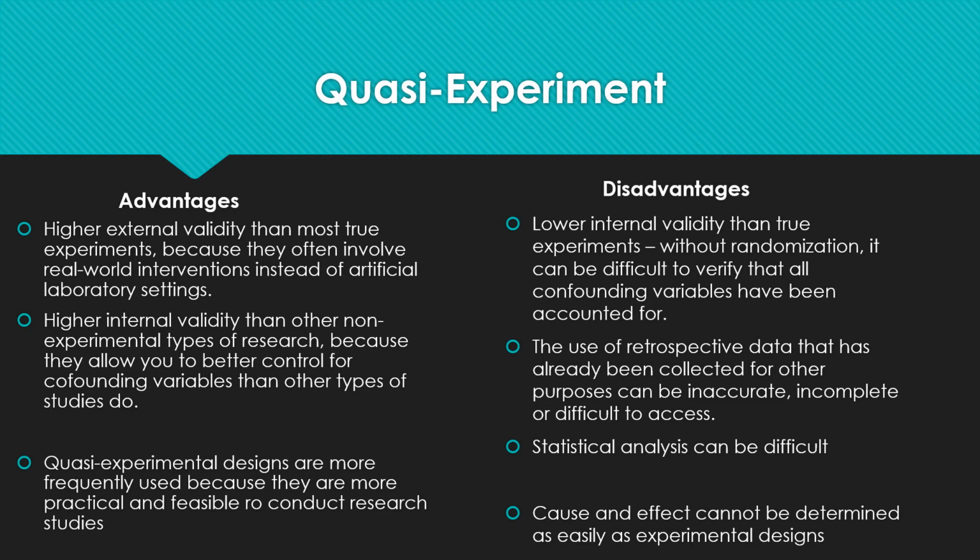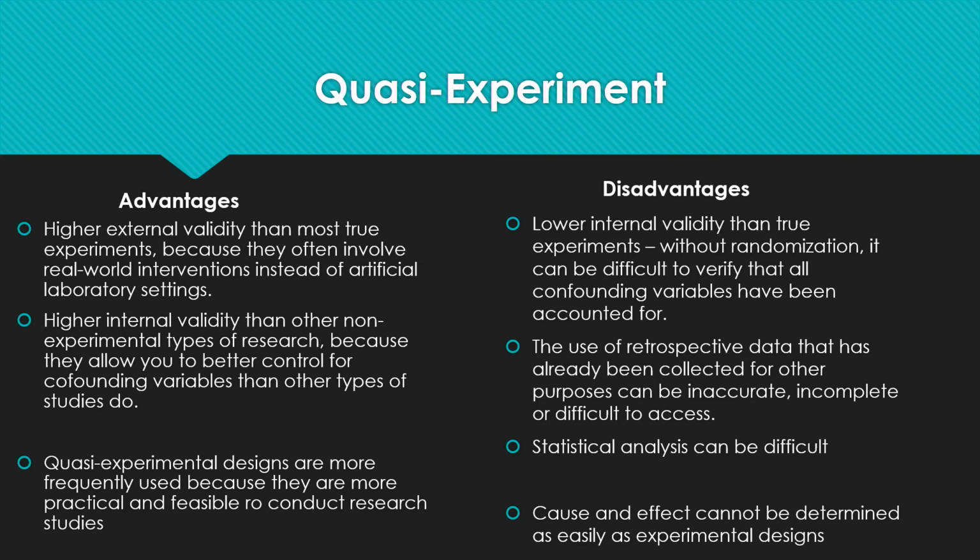Also, quasi-experiment has a higher internal validity than other non-experimental types of research because they allow you to better control for confounding variables than other types of studies do. Lastly, quasi-experimental designs are more frequently used because they are more practical and feasible to conduct research studies.